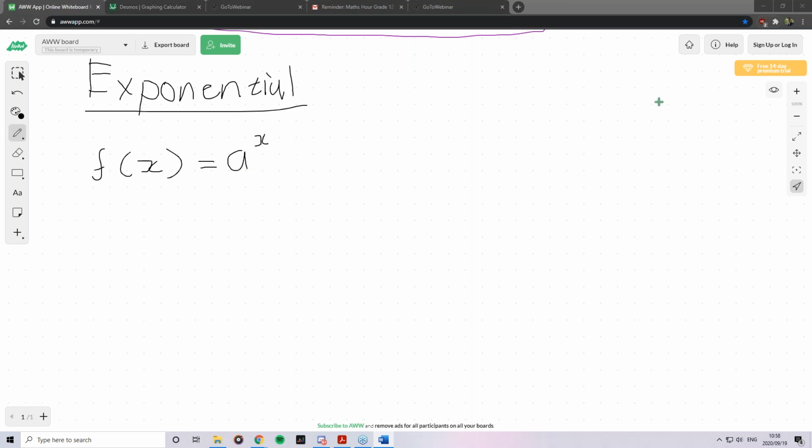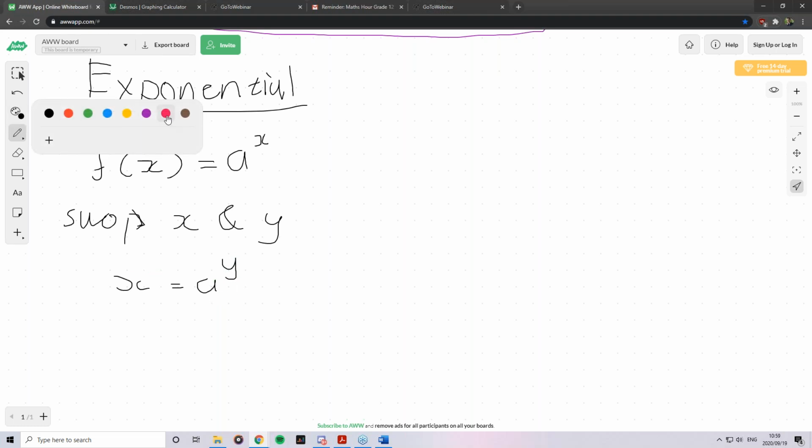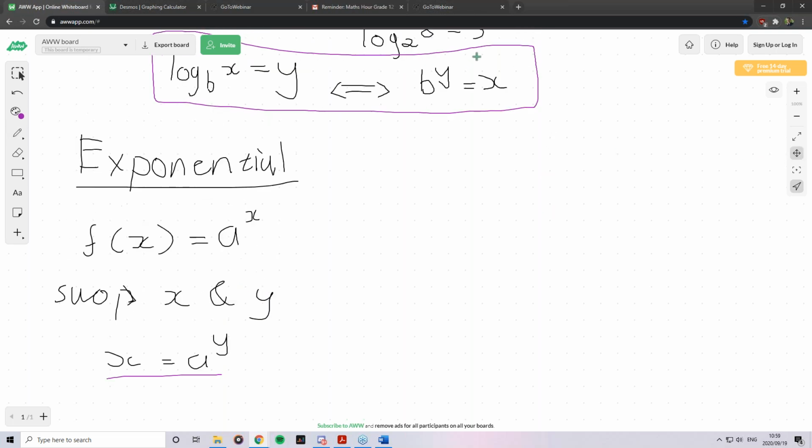So if I read this as the function that raises something to that power, just intuitively you're going to think that it has something to do with logs. So let's check. Let's swap x and y. Then we have x is equal to a to the y. This looks just a bit familiar, doesn't it? Because this is this.